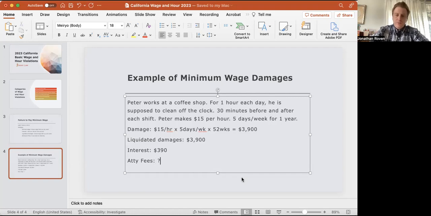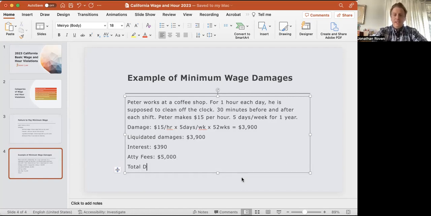Let's say you're not working with an attorney currently, but attorney's fees could be very extensive, several hundred dollars an hour. So let's just say an attorney writes a demand letter.